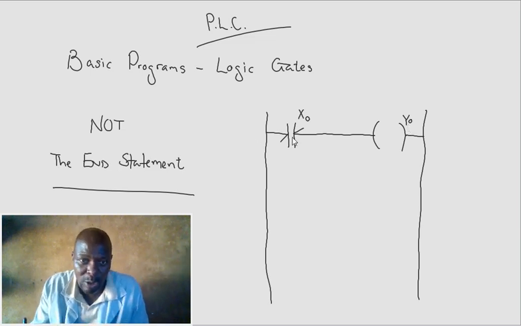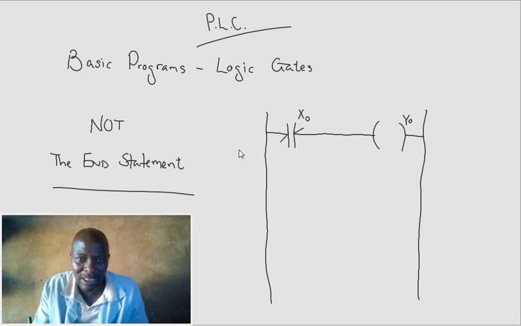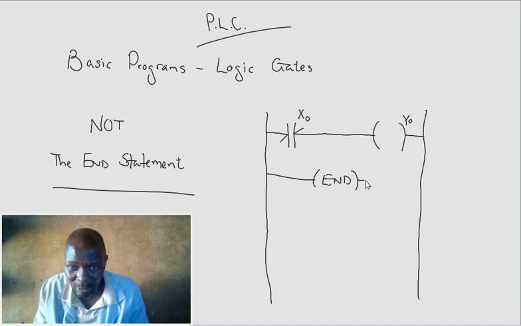Now, when you energize X0, when you energize that input, this will break. When it breaks, this goes off. So if you want to have power, you must not energize X0. Then I will put my end statement to say the PLC must go back.